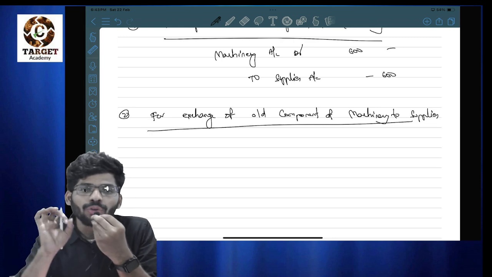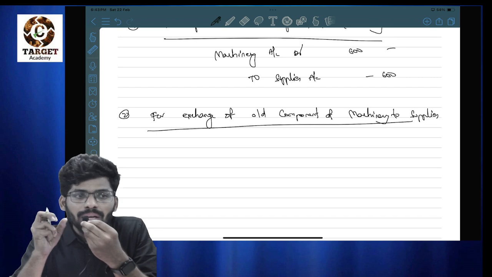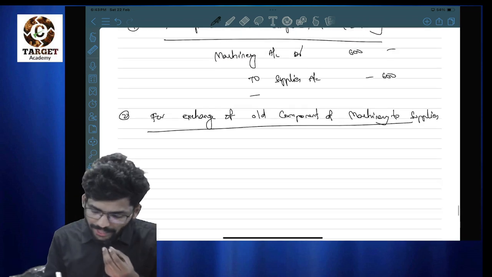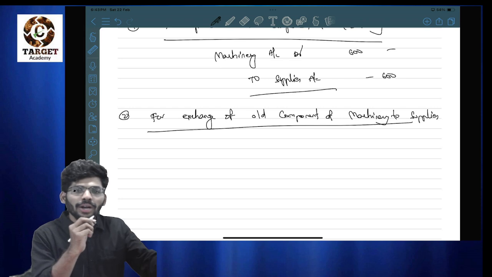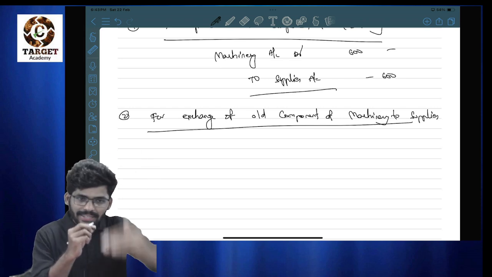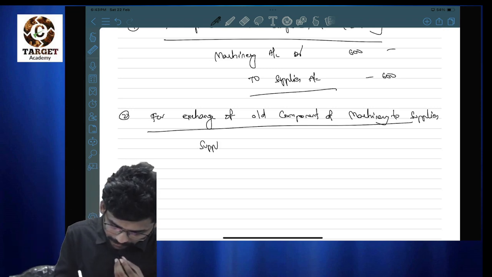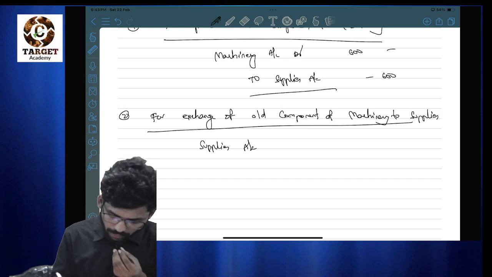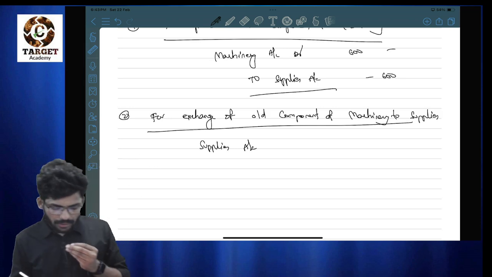We are giving our old asset to the supplier instead of cash. Correct? So supplier is the liability, right? In the first entry, our liability is 600. Now I am giving an old asset, so the liability will decrease. So supplier account needs to be debited. Liability decreases, so debit. How much do we need to pay?